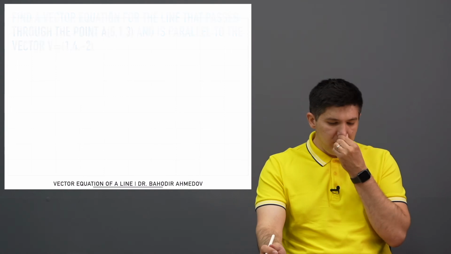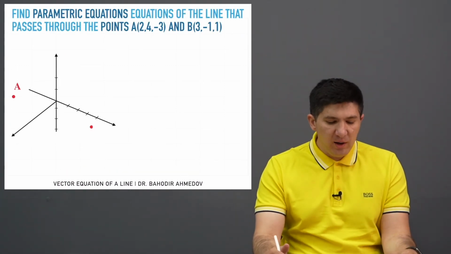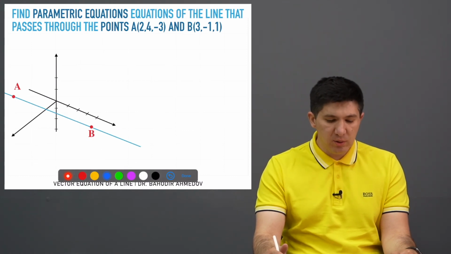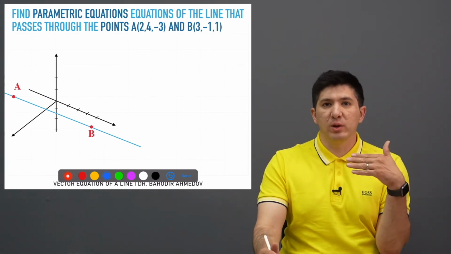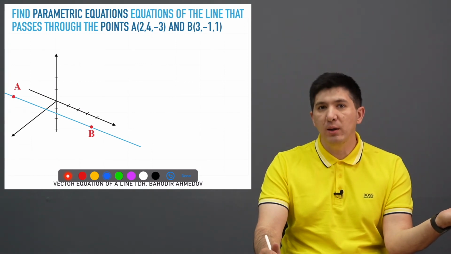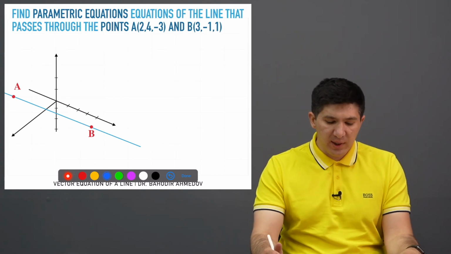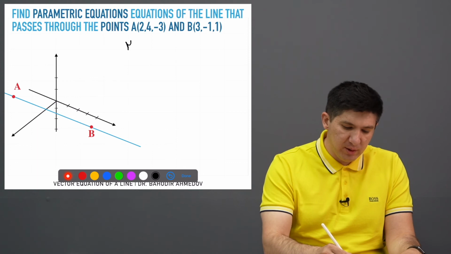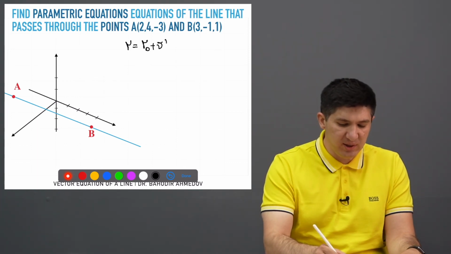Well, let's do another example, which is going to be a little bit different, I would say. Find the parametric equation of a line which passes through these 2 points, A and B. Previously, you were given just one point and the vector which is parallel to the line. Now you're given 2 points. Again, to derive the vector equation of the line, I'm just going to use this equation: r is equal to r0 plus vt.